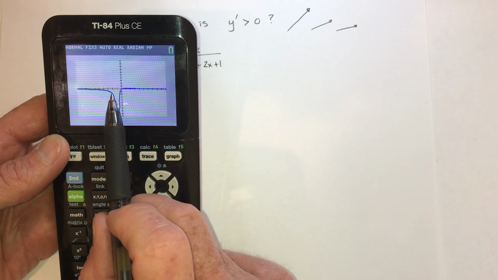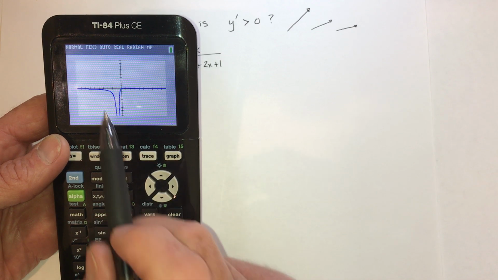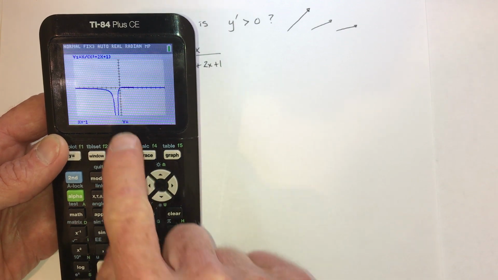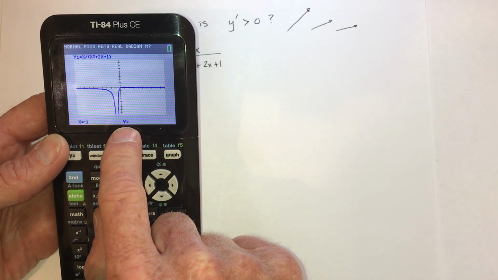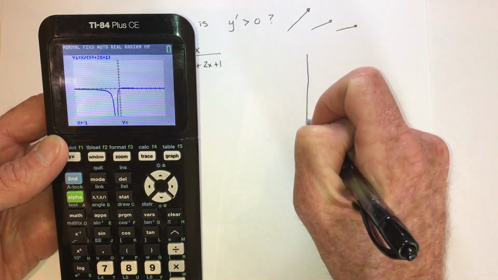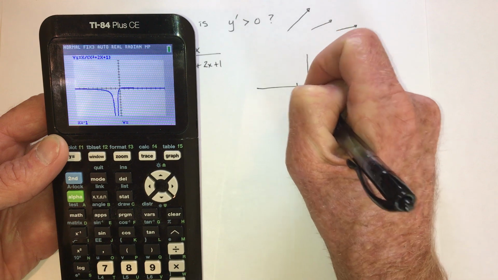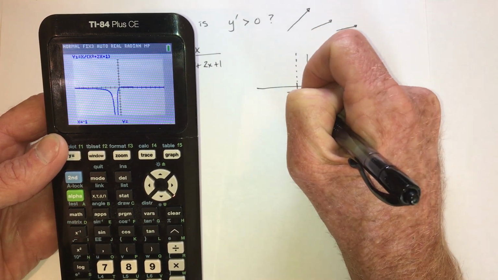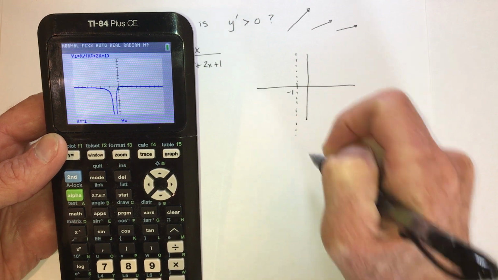It's got an asymptote right here at -1. I could prove that if I put trace -1 and it says a blank. So that means there's an asymptote at -1. So here's the -1, and on paper, the way that we show there's an asymptote is you use the dotted line.